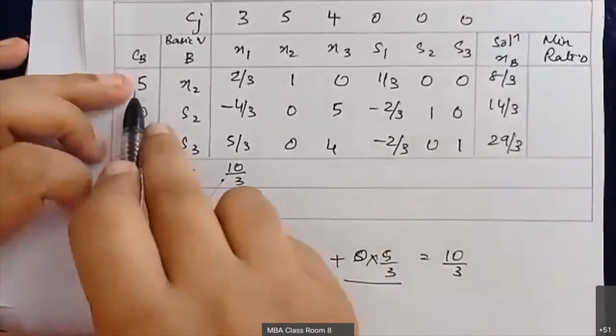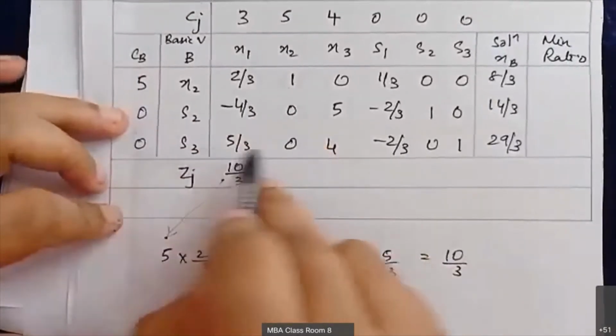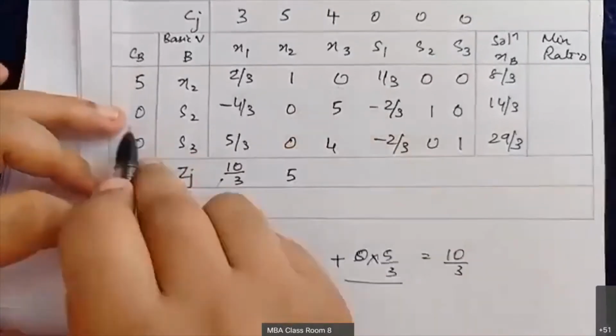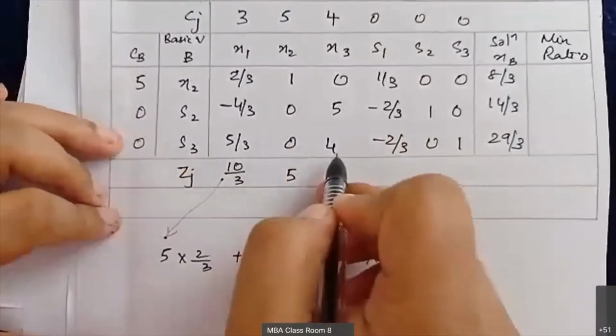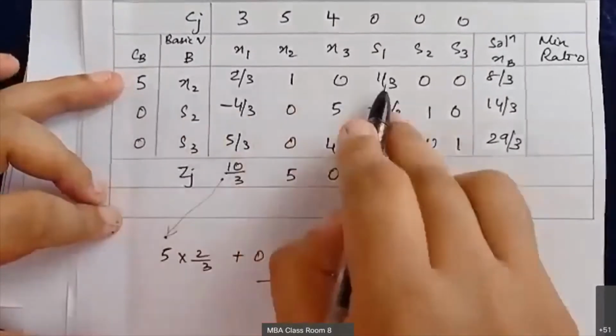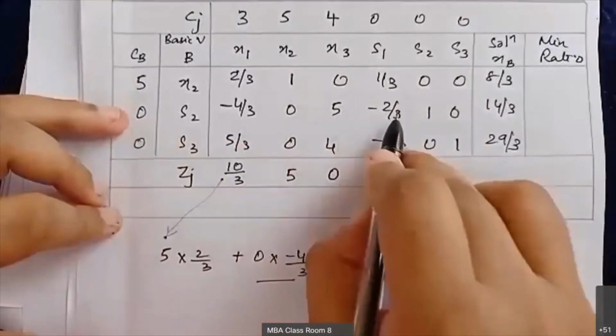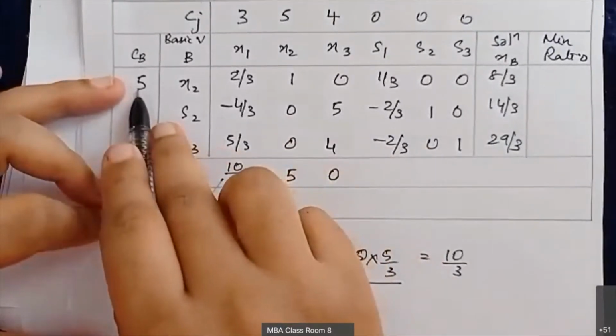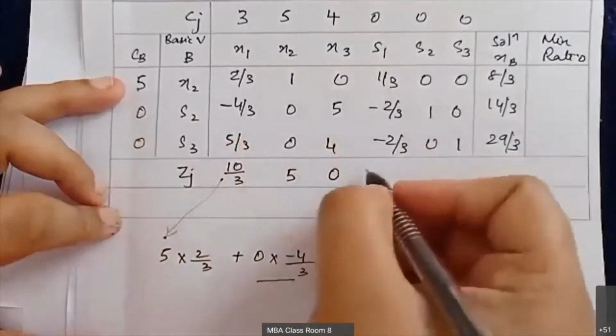Again, similarly, 5 into 1 plus 0 into 0 plus 0 into 0, I get 5. Then 5 into 0 is 0, 0 into 5 is 0, 0 into 4 is 0, so together I get 0. Again, 5 into 1 by 3 plus 0 plus 0, that is 5 by 3.